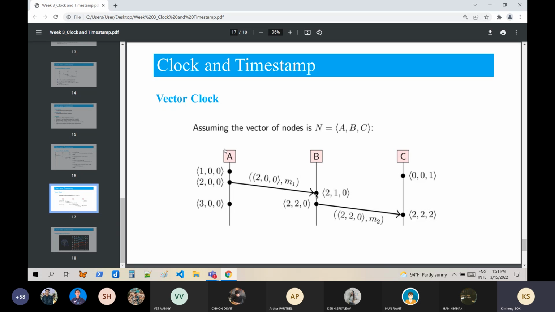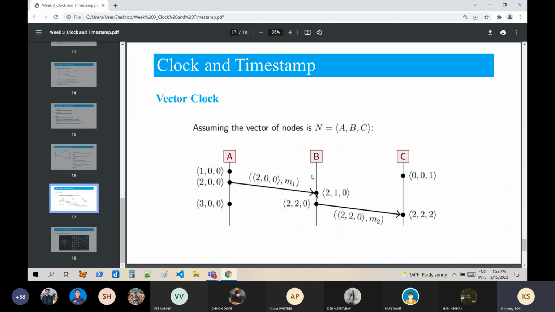Okay, let's see again. This one is event 2. We can see that the clock, like the Lamport clock, is incrementing, 1 and 2. But we still don't have the other two numbers because we haven't received anything. Now let's say this one sends a message to here. The time of A is already 2, that's why here we see the number 2.